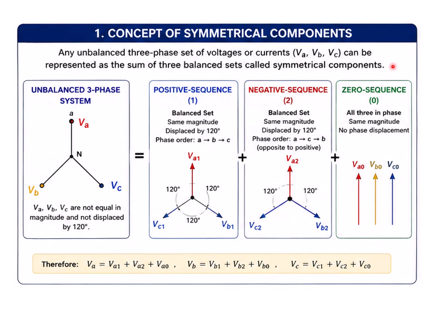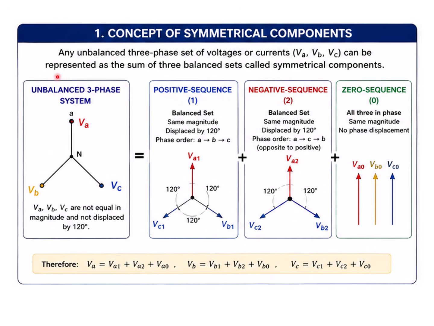The basic concept is that the three-phase voltage and current will be asymmetrical. They don't have the same magnitude, the same phase sequence, or similar phase difference. Such a signal can be converted to a set of symmetrical components called positive sequence, negative sequence, and zero sequence.